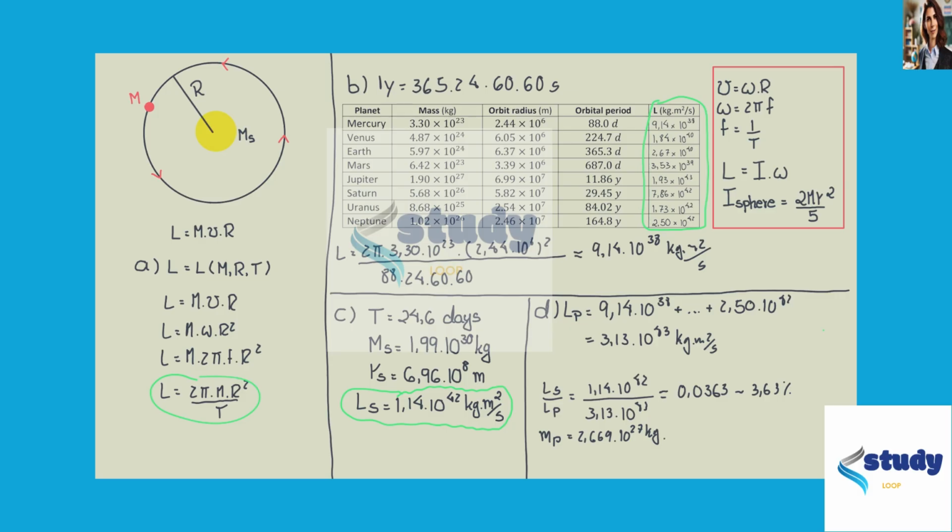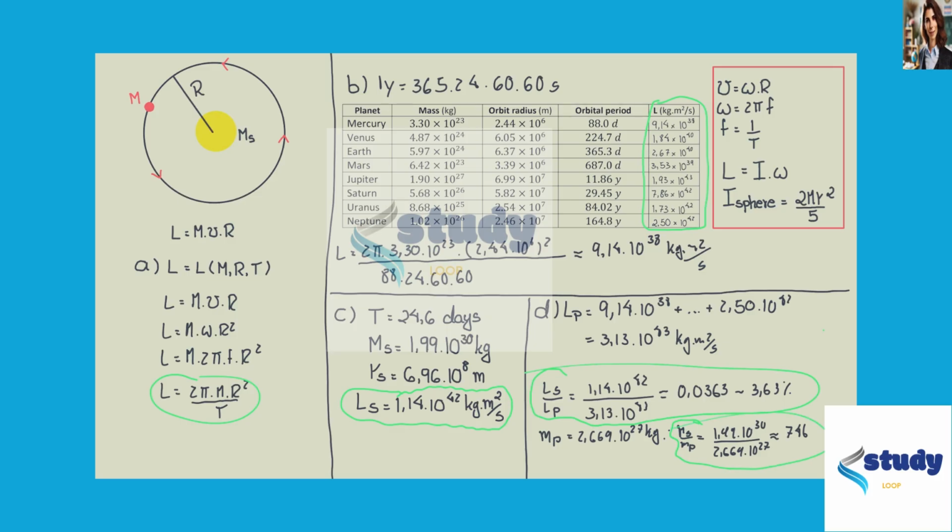Therefore, the ratio between the mass of the Sun and the mass of the planets is given by 1.99 times 10 to the 30 divided by 2.669 times 10 to the 27, which is approximately 746. That is, the Sun has 746 times more mass than all the planets together, but at the same time has only 3.63% of the angular momentum of all planets together. Finally, the answer to this item is the ratios between the angular momentums and the masses.